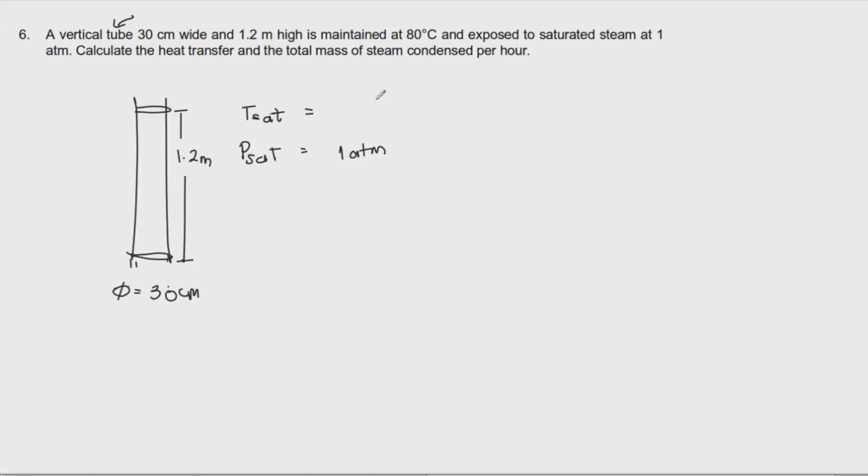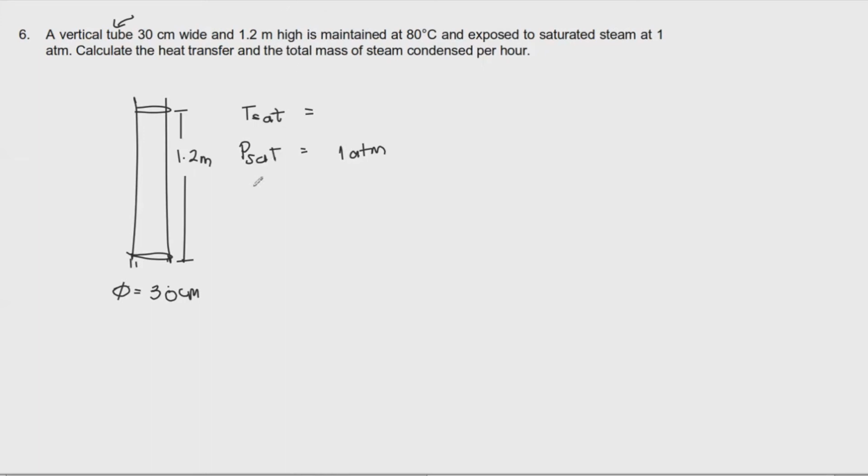We reach this pressure at saturation for a saturation temperature of 100 degrees Celsius. But it's not that exact. If you just want to use 100 degrees Celsius, that is okay. But to be exact, I will not give you 100 degrees Celsius immediately. I'll take that again from Perry's handbook to make it more accurate.